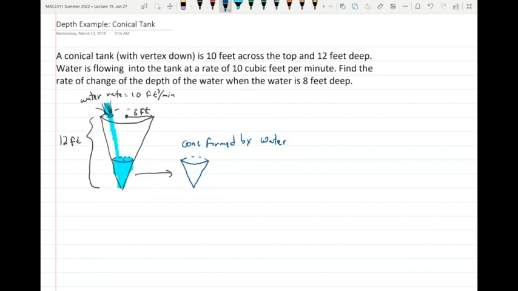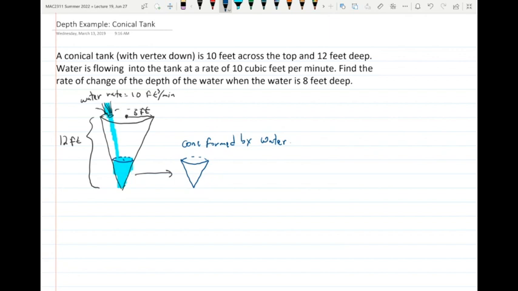This is the guy that we are going to have our quantities on, because our tank has the same radius, the same height, that doesn't change. What's changing is this cone formed by water.